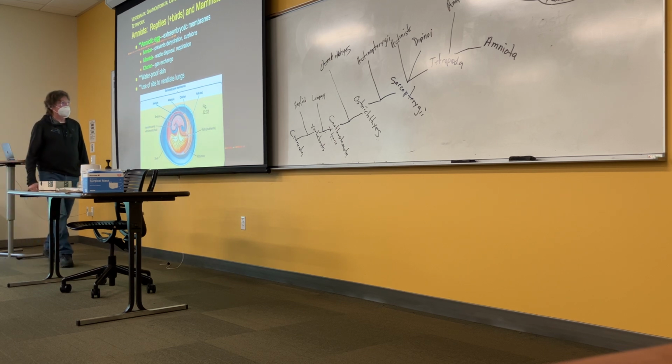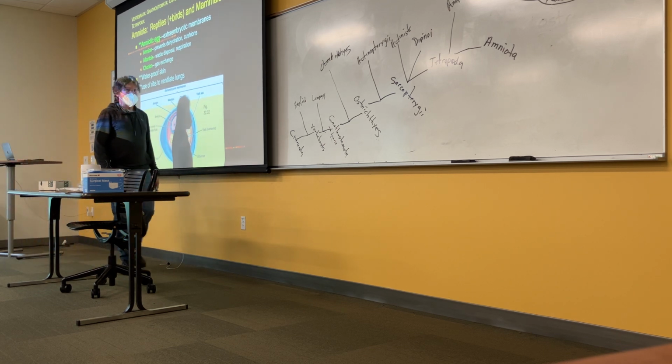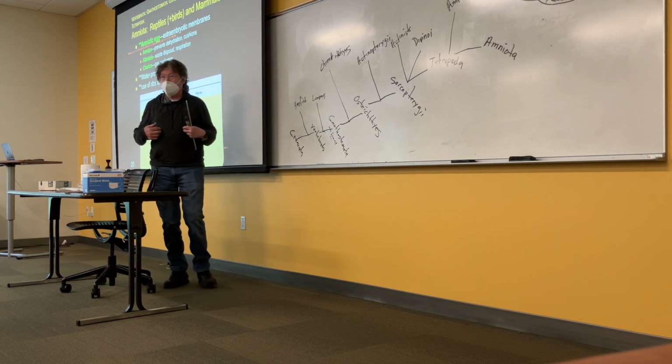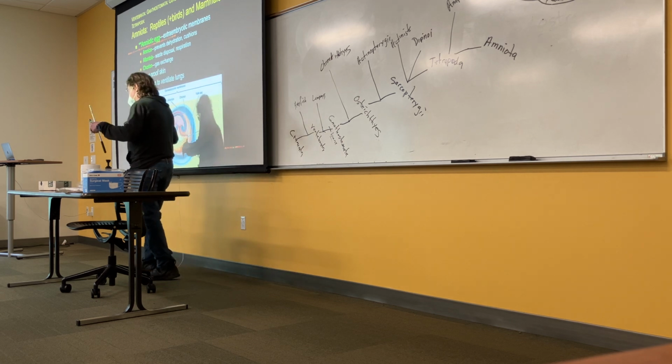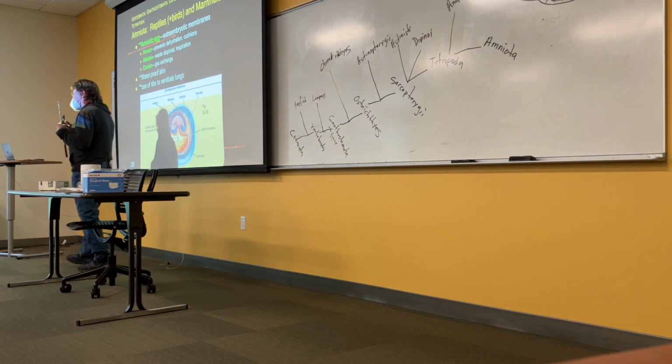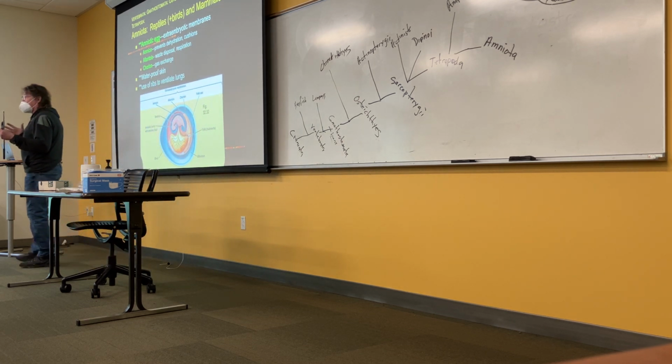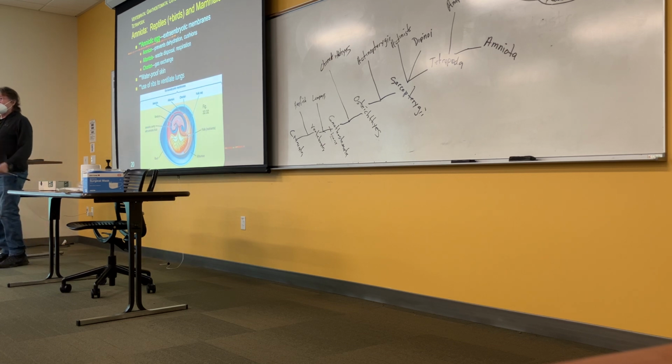And so the ventilation system here now uses ribs. So we have ribs off the backbone, muscles that will extend the ribs outward, which increases the volume of the thoracic cavity so that air will move in, because you're lowering the pressure, and then the ribs collapse, pushing the air back out.